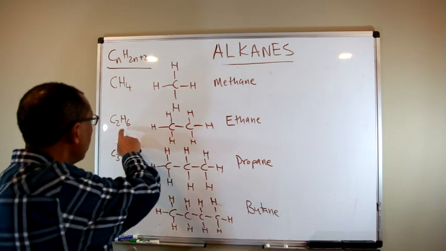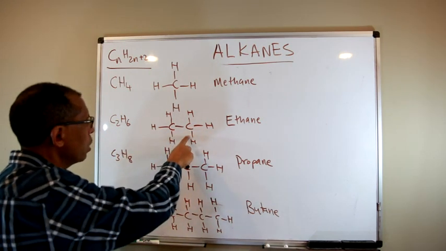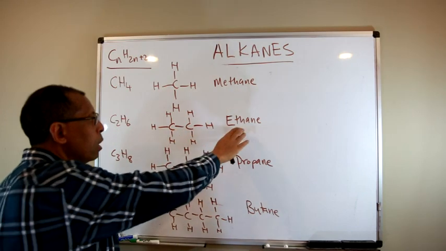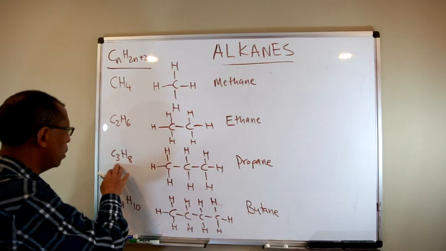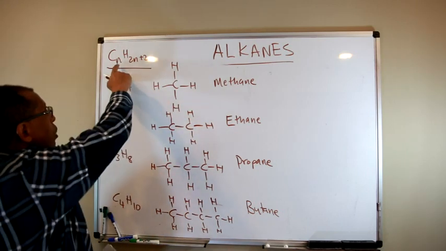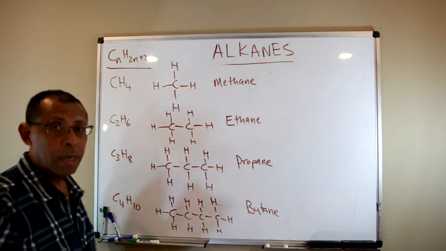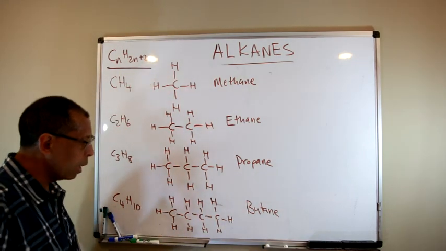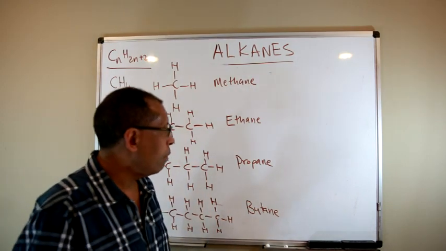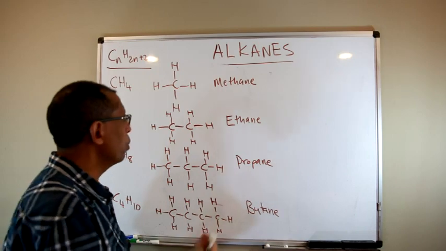The next one, you have C2H6, which has CH3, all sigma bonds, and is called ethane. The third one is C3H8. If you just put 3 here, 2 times 3 is 6, 6 plus 2 is 8. C4. So it continues like that, where everything is just the addition of one more carbon with 3 hydrogens.